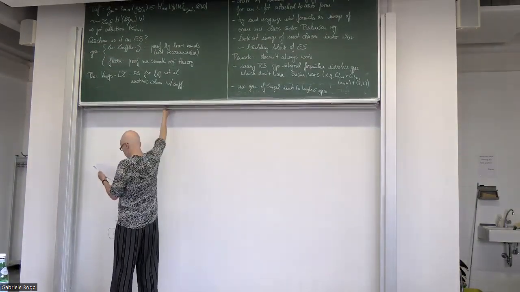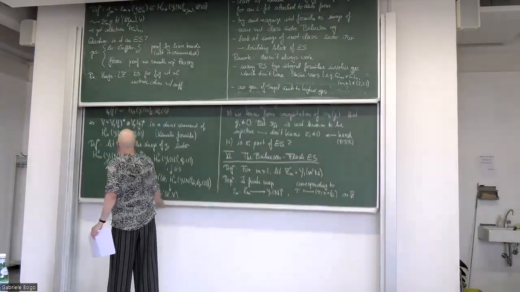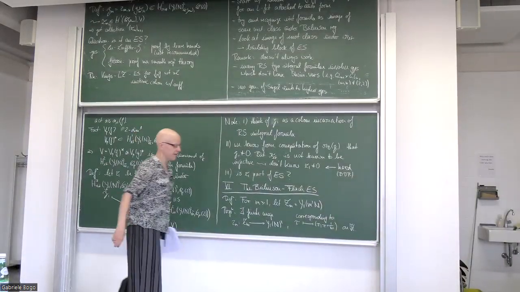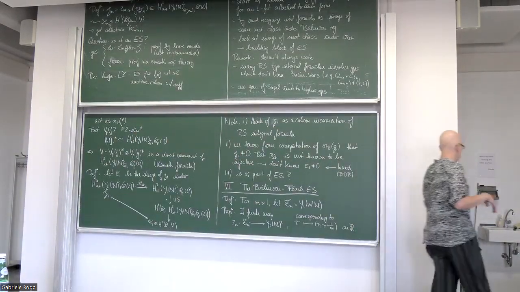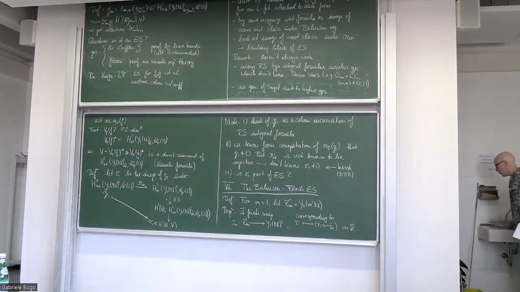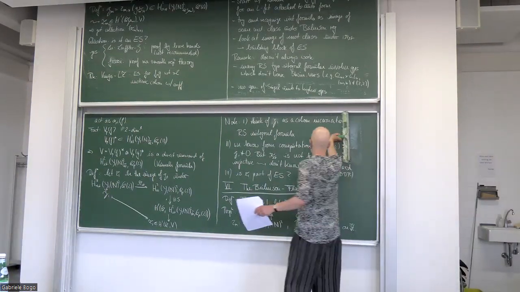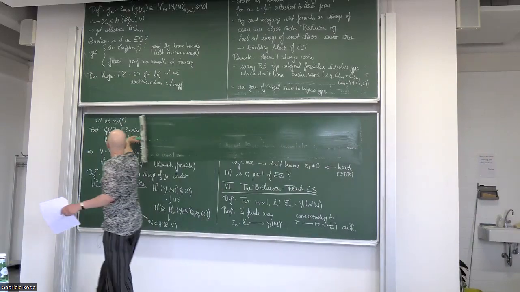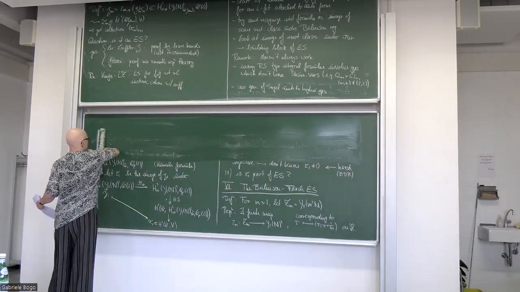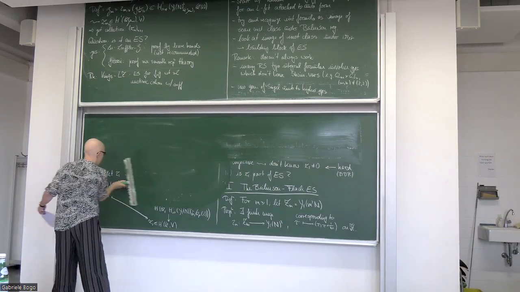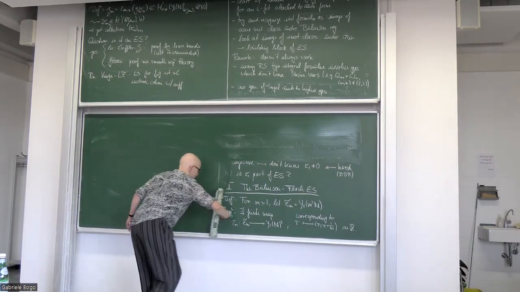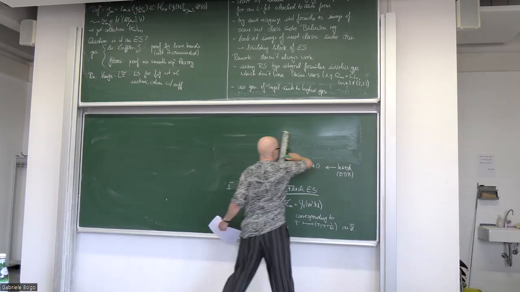Let's look at an example: the spin representation attached to a genus 2 Siegel modular form. There's a very nice integral formula which again involves GL2 Eisenstein series. I want to explain what happens if we try to follow this strategy.